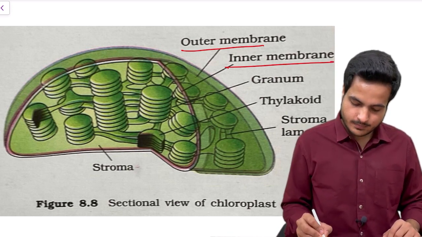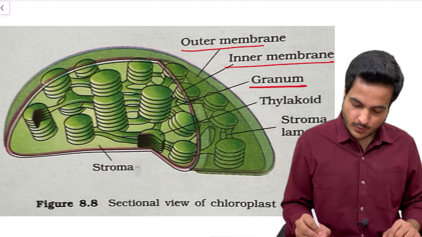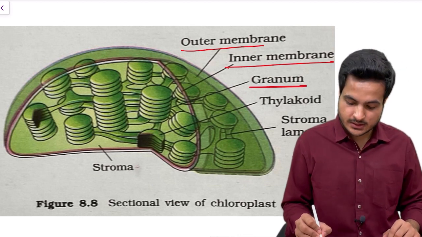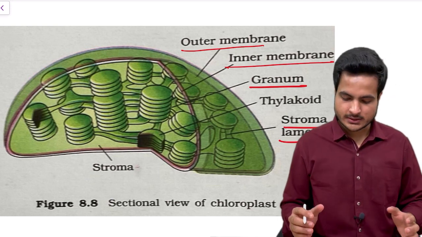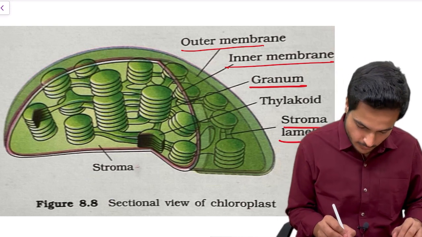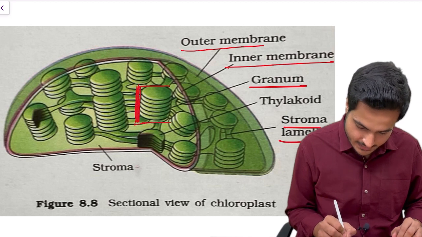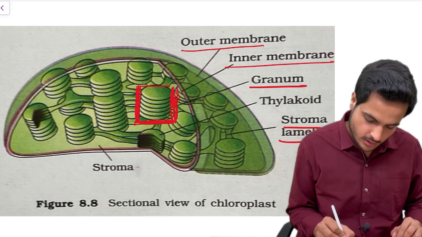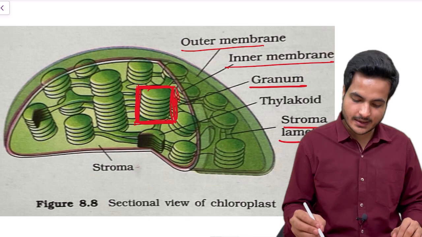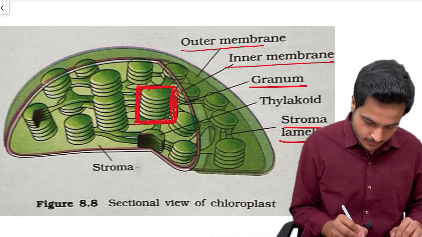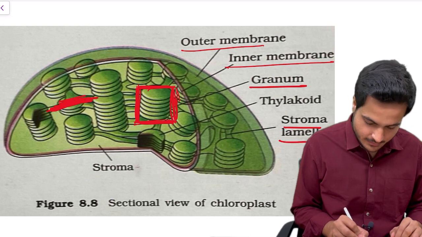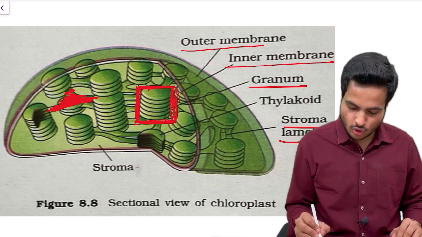One is granum and the other one is stroma lamellae, and both of these contain thylakoids. When thylakoids are placed one over the other, just like shown in this diagram, you would name it as granum, and any thylakoid which is connecting two granum, just like this which I am coloring, is called stroma lamellae.